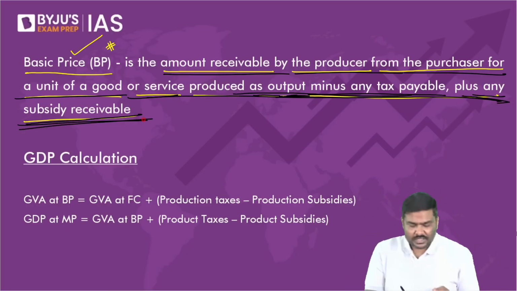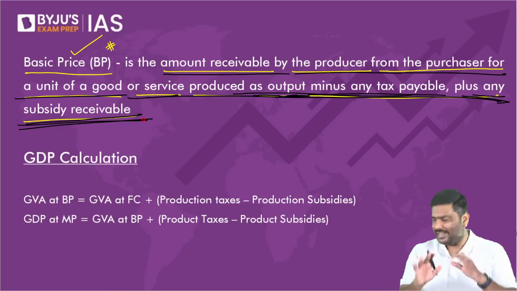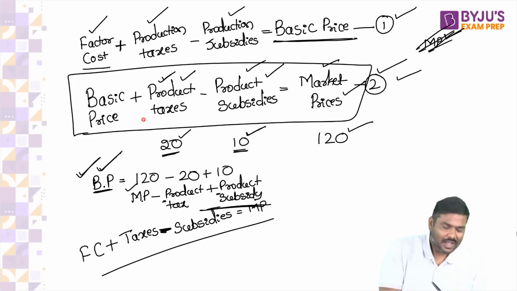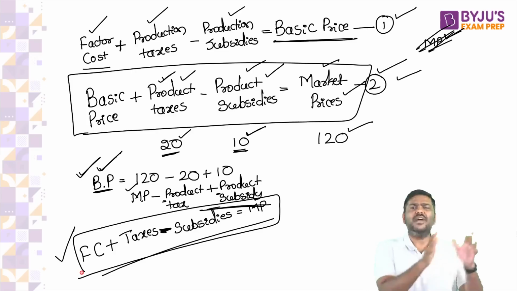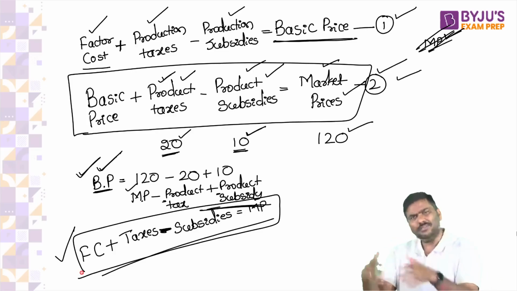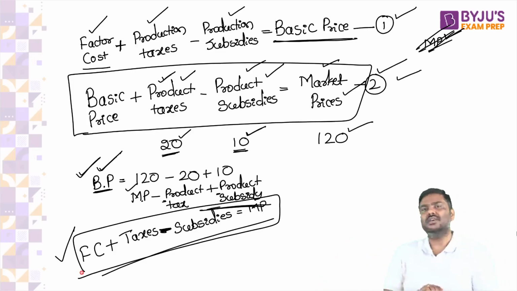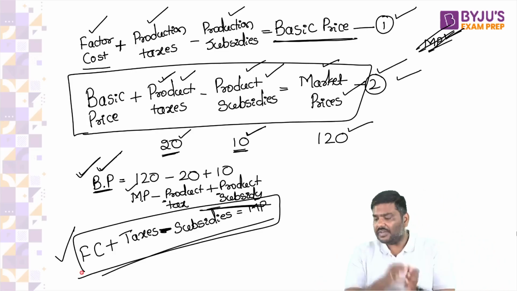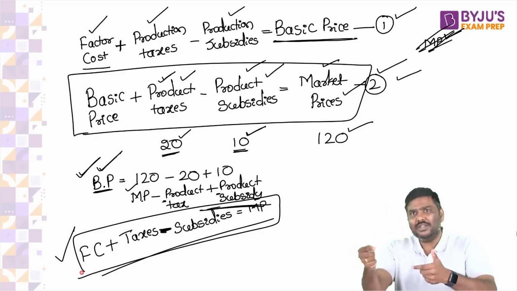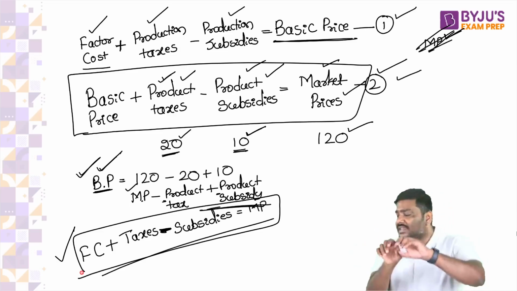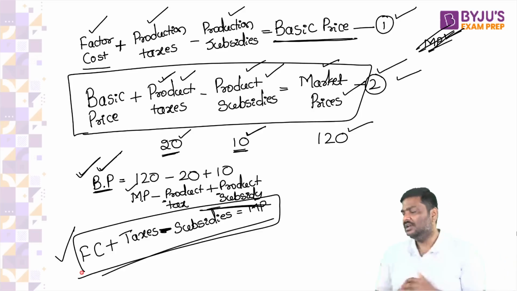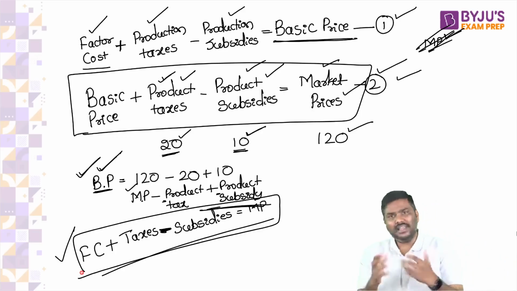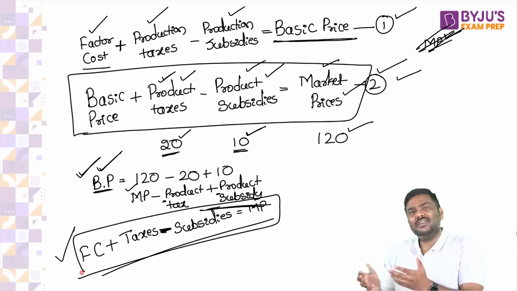Some of you are asking, sir, what is the use of the first formula? My dear, understand the logic. Earlier we used a very simplified formula, that is factor cost plus taxes minus subsidies is equal to market prices. But from 2015 we have introduced a new system. Subsidies are of two types, and taxes are of two types.